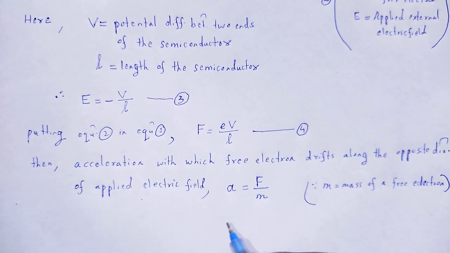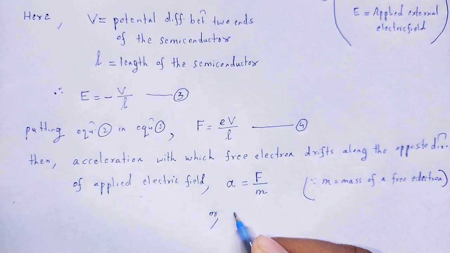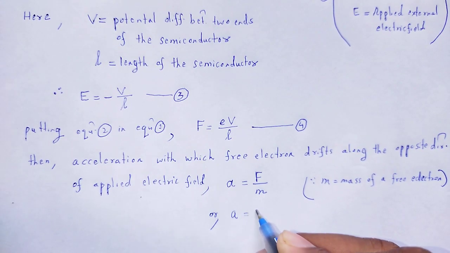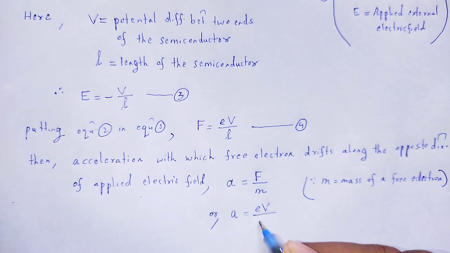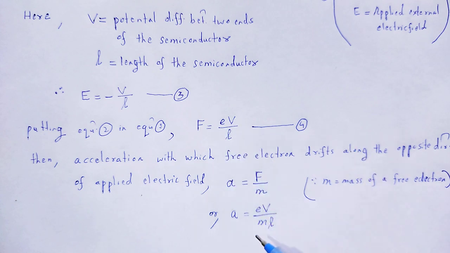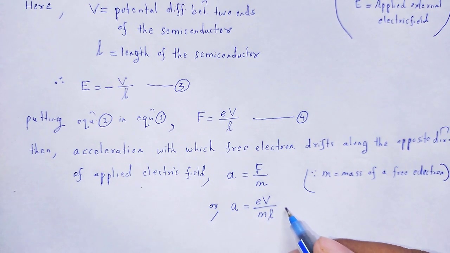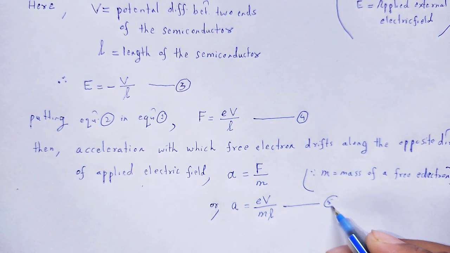Here we put the value of F. Therefore, a is equal to eV divided by mL, as F is equal to eV by L. That is equation number 5.